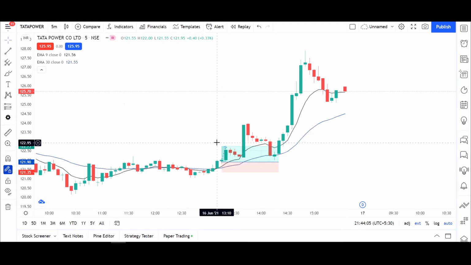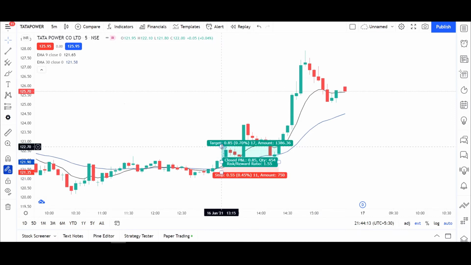And our target price completely depends on what type of trader you are, and what your risk taking capacity is. If you're an intermediate or a good level trader, you have to learn how to hold your winning trade.